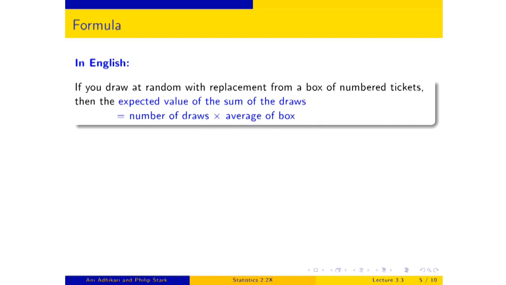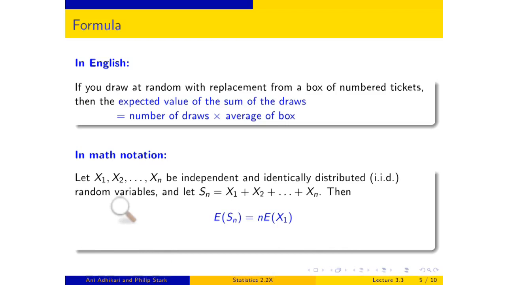If you want to use math notation, you are welcome. What you've got is a sequence of n draws which are independent, you're drawing with replacement, and identically distributed, because of course every time you're drawing from the same box. This is a famous probability abbreviation, IID, independent and identically distributed.